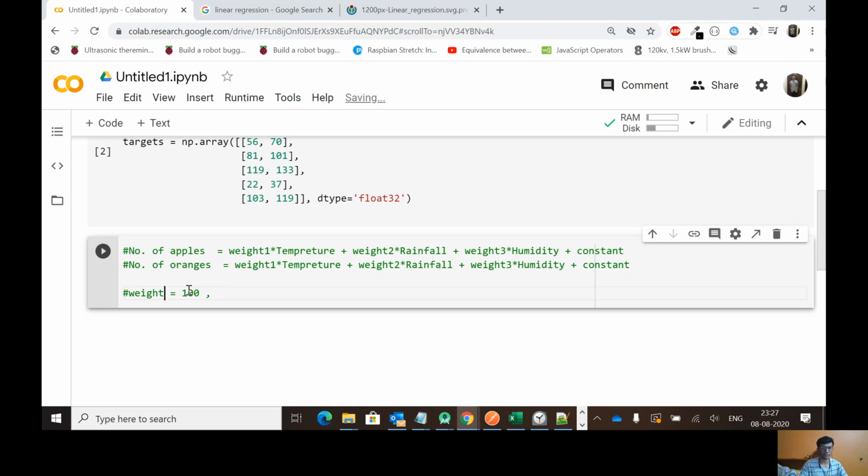Weight 1 might be anything, weight 2 might be anything, and weight 3 might be anything. It can be 0.1, or 0.15, or 0 point something. It can be more than one also. It does not matter.